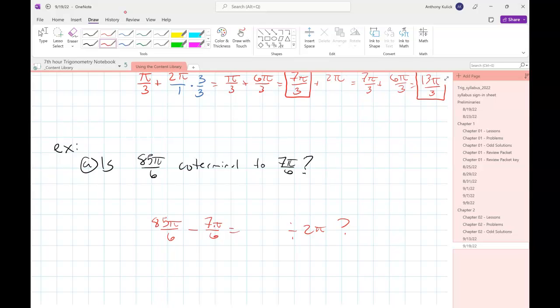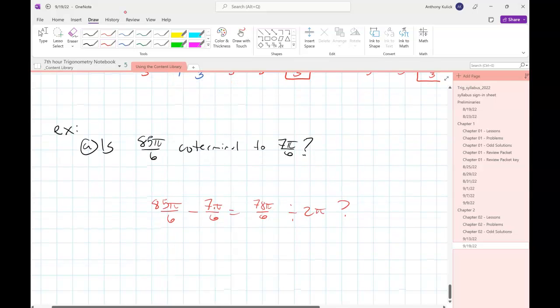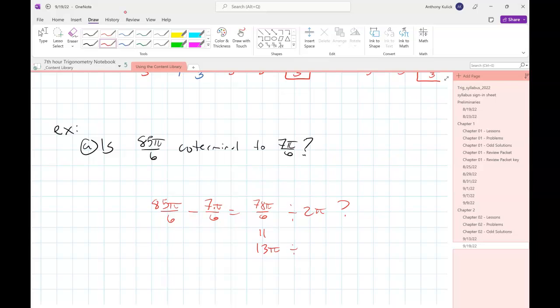So if I do that, 85 pi over 6 minus 7 pi over 6 is going to be 78 pi over 6. And I notice that 78 and 6 reduce to be 13 pi.